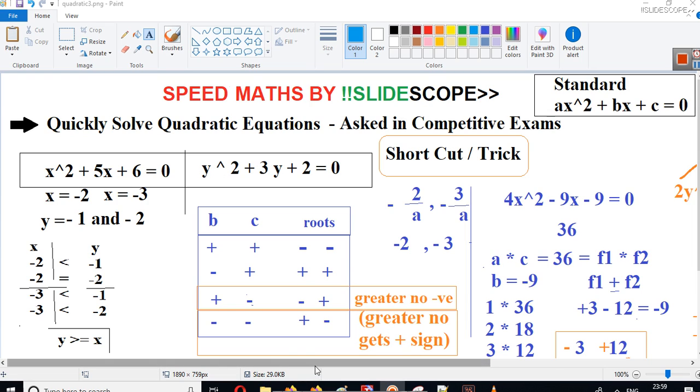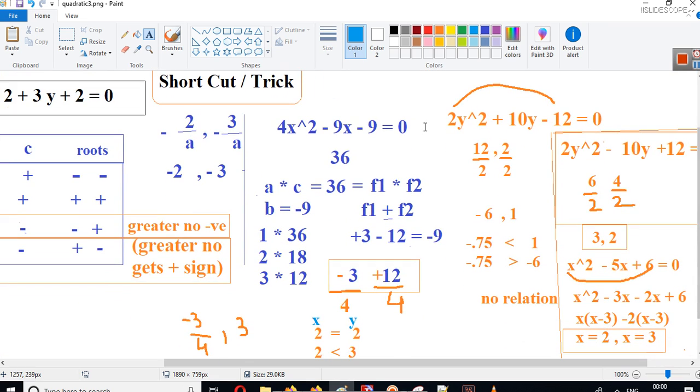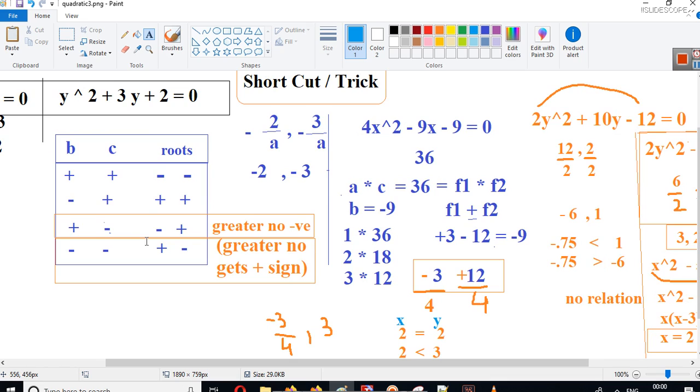And similarly here we saw an example where we had 4x square minus 9x minus 9. 9 into 4 is 36. Here we have both negative values. In case of both negative values, one root will be positive, one root will be negative, but the greater number gets the positive sign.